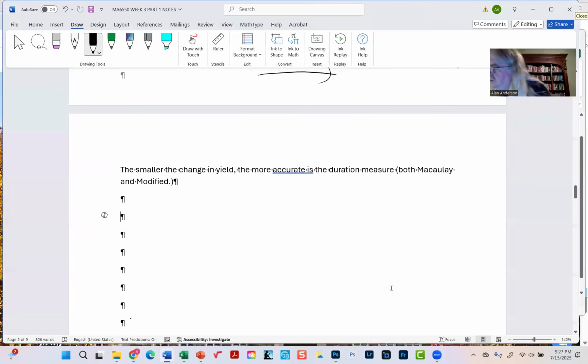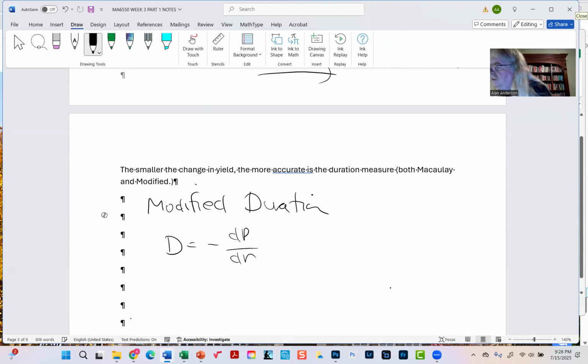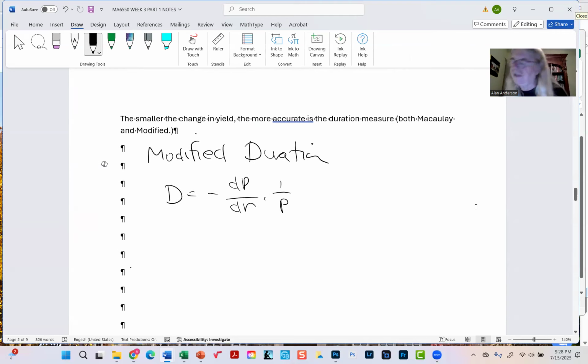So since modified duration looks like this, D equals minus dP/dr times 1 over P. Now, when we're actually calculating this, we can't actually use differentials. So we normally use deltas to represent small changes instead of instantaneous changes, which you get with differentials.